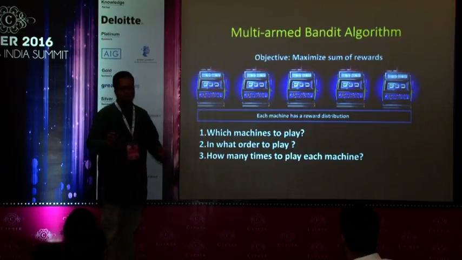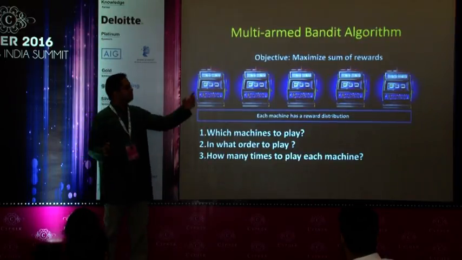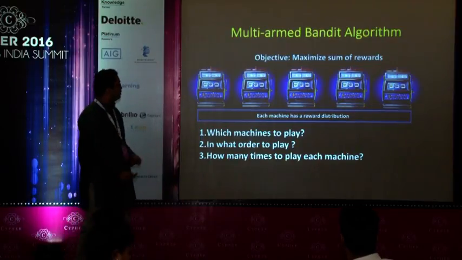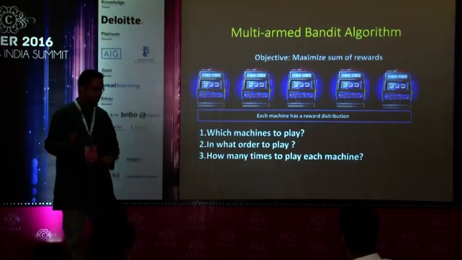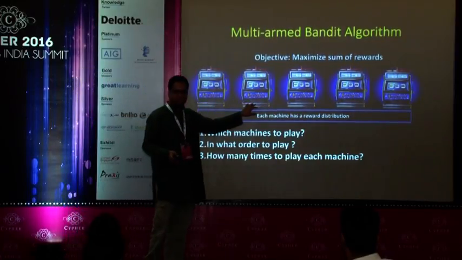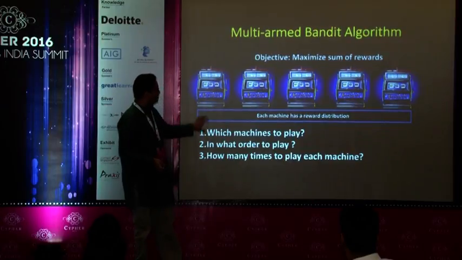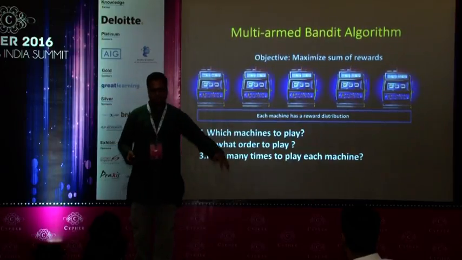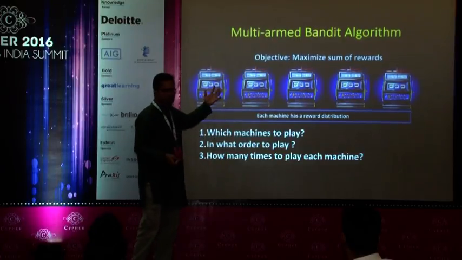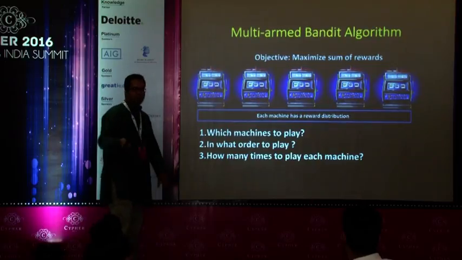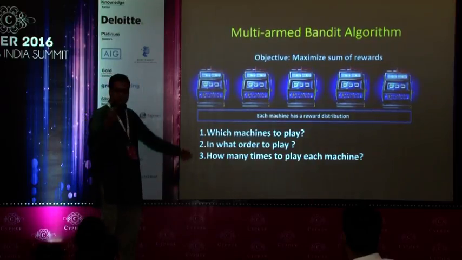That's accomplished by reinforcement learning, by a particular algorithm called a multi-armed bandit algorithm. Think about this as slot machines. Each slot machine has a lever. If you pull it, it gives some reward out. So it has some distribution on how much money it can give, right? Now you have to make three decisions.